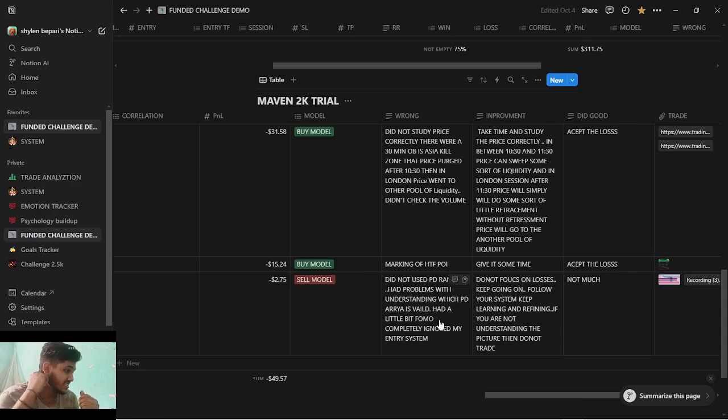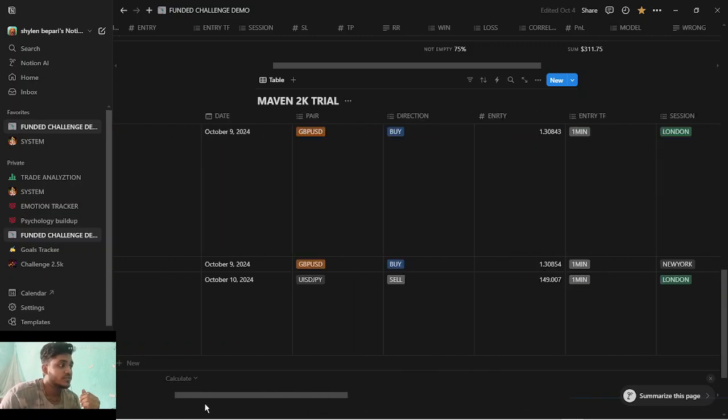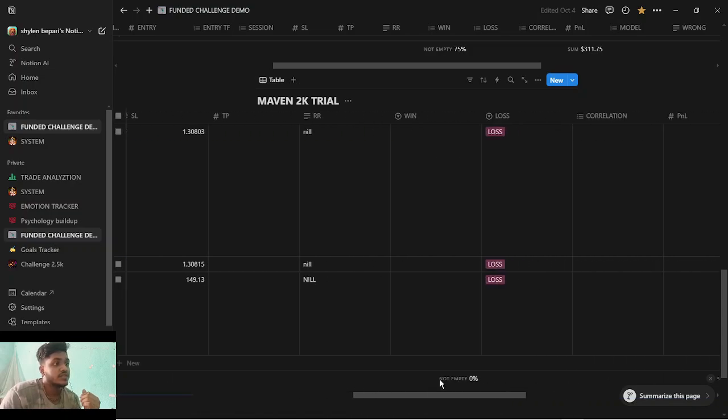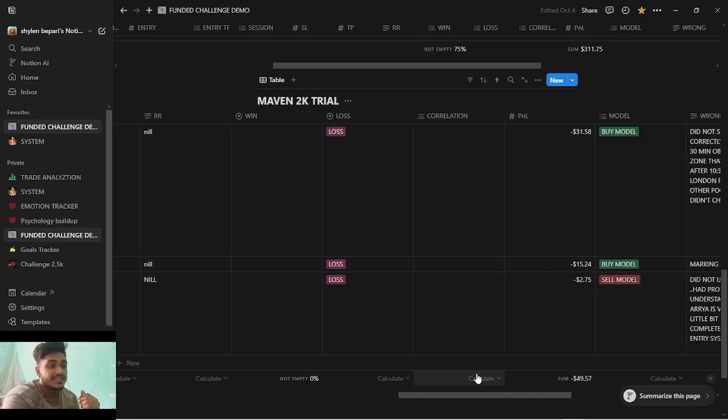You can literally see that the main reason was, I said a little bit of FOMO, but that actually was quite a lot. So these were the three trades so far, and I'm trying to pass this demo account.